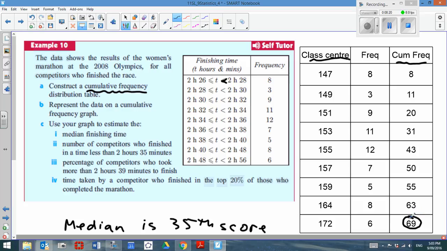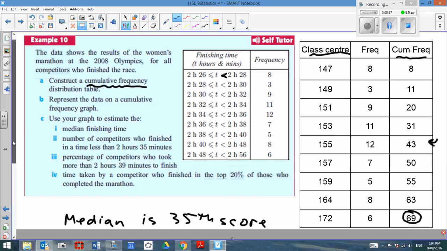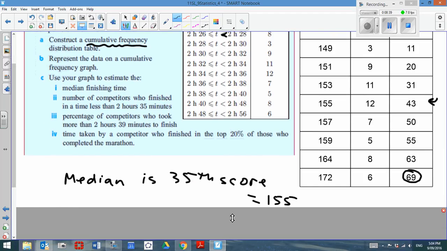So here we have 69 runners, which would mean n plus 1 would be 70, so the 35th score would be the median. If I take a look at this chart, my 35th score will fall in this category. So I'd be looking at a median score of 155.